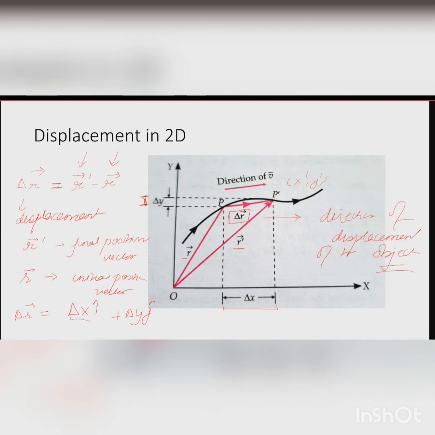Delta x i hat denotes the change in position along the positive x axis, and j hat is the unit vector along the y axis. So we are going to stick to this notation for the displacement vector when we're talking about 2 dimensions.